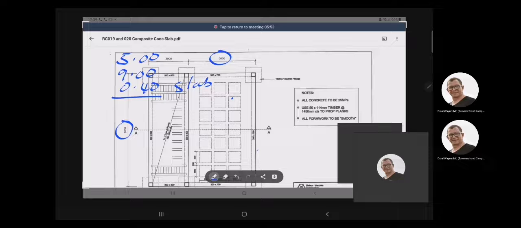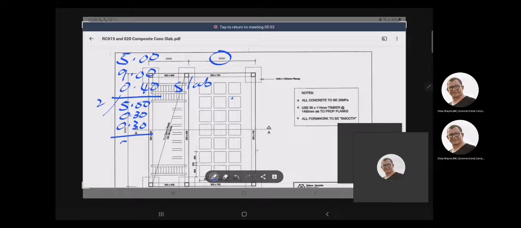Looking at my beams, I have my 5 meters, which is the overall width. I've also seen that my beams would be 300 wide as well as 300 high, and I would have 2 of those.